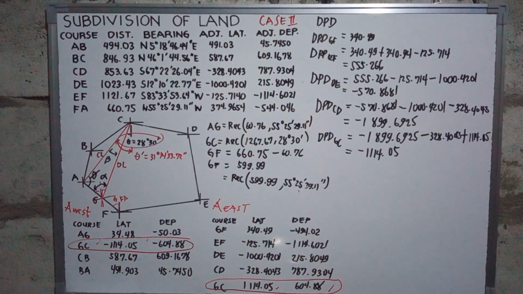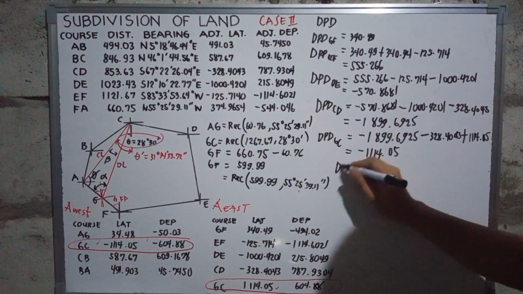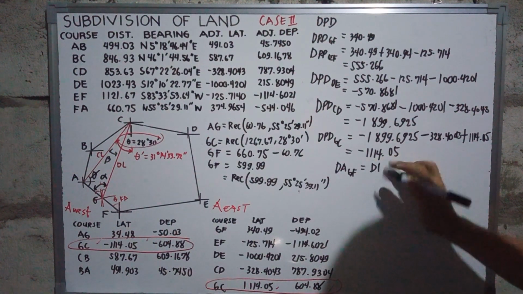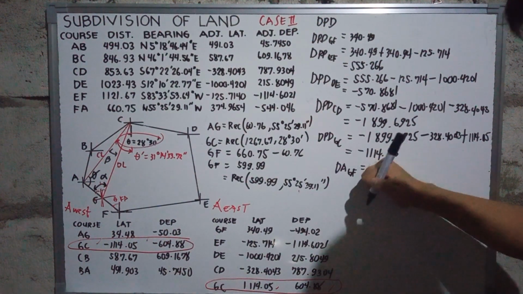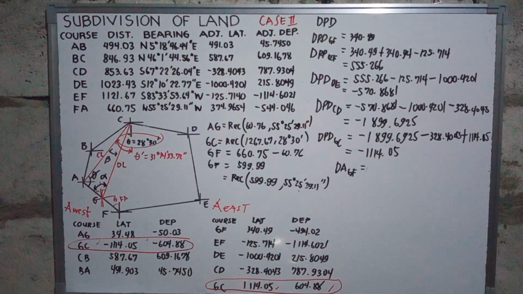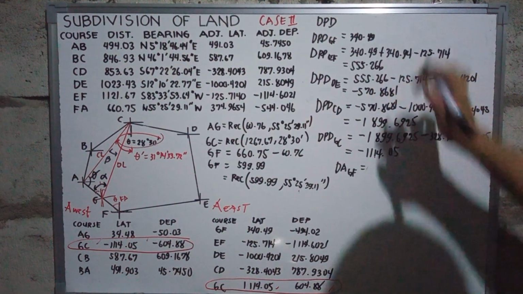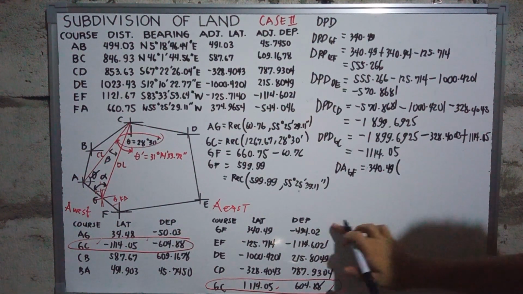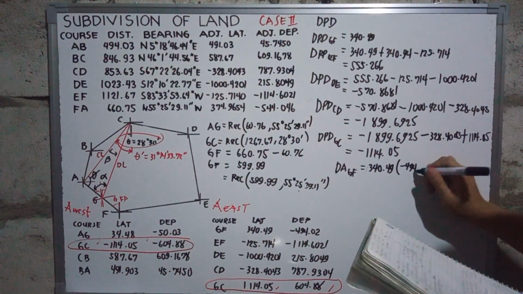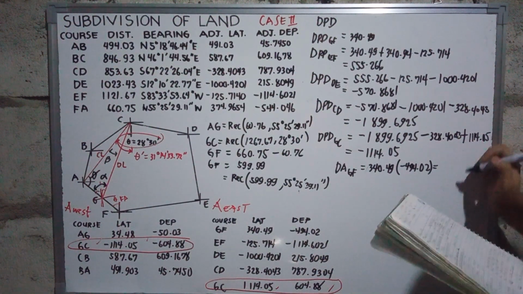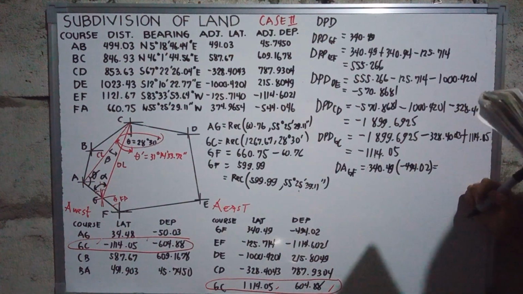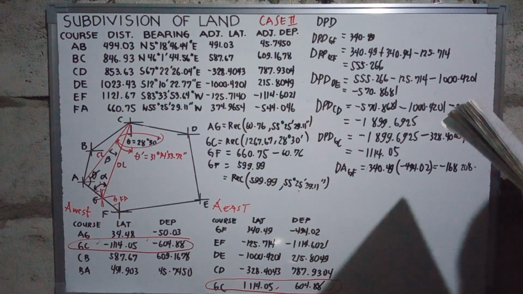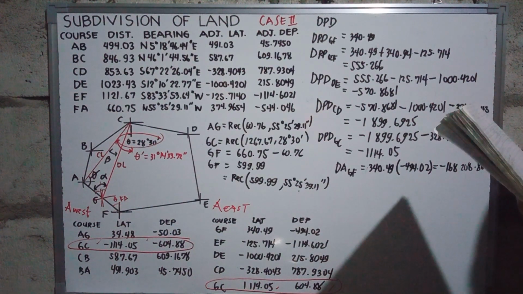Now, let's get the double area of GF. We use its DPD multiplied by the departure. Only now will our departure be used. So the DPD is 340.49, and the departure is negative 494.02, so that will be equal to negative 168,208.8698.